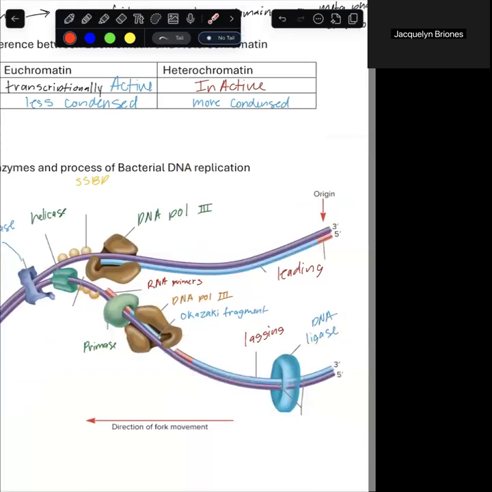Or what would happen to the lagging strand if we didn't have RNA primers?